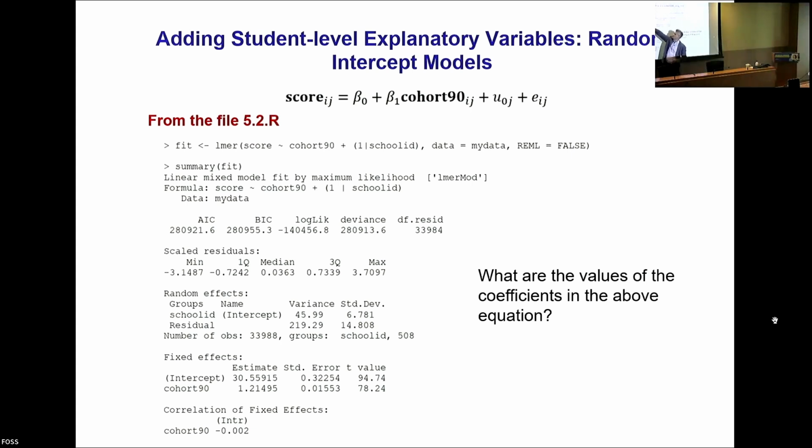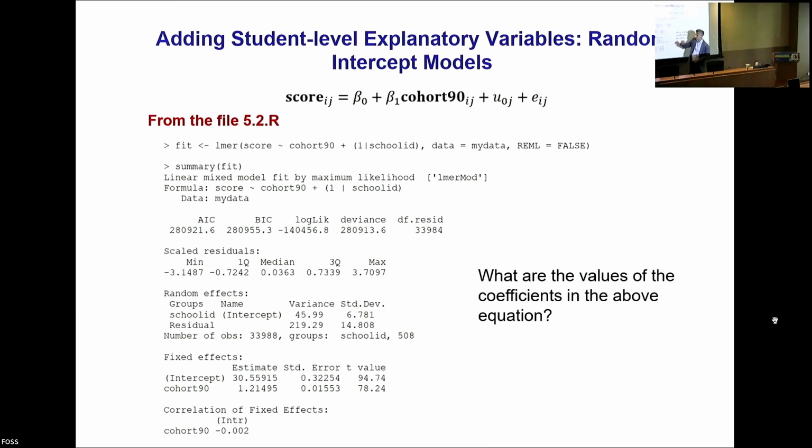So here we're fitting a multi-level model, LMER. Our dependent variable score is a function of cohort 90. So we think that cohort 90, which student cohort the student belongs to, has an effect on their exam test scores. And we're decomposing the overall variance into the individual and school level variances. And this is the data.